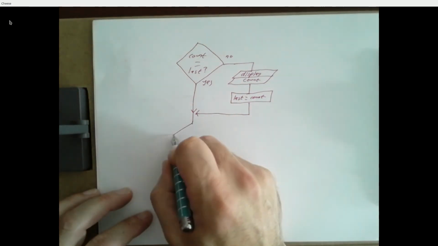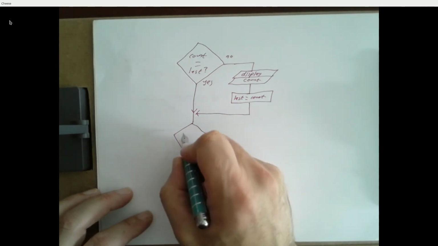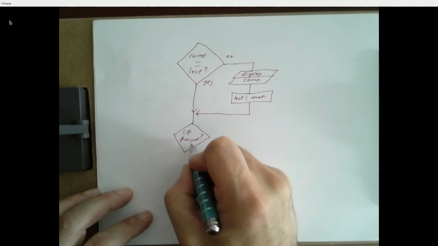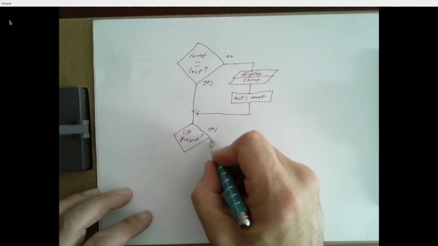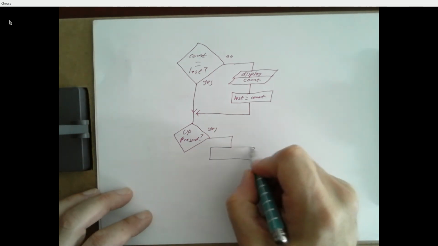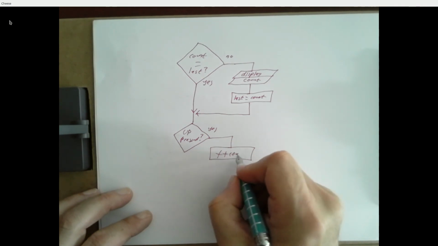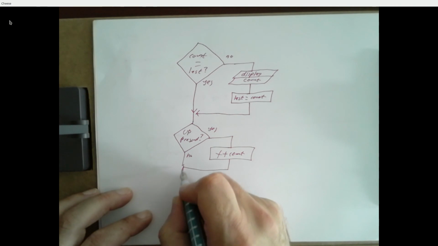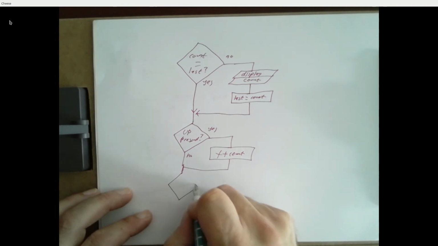Okay, and then the usual stuff. Is the up button pressed? And if it is, then increment count. And then is the down button pressed?